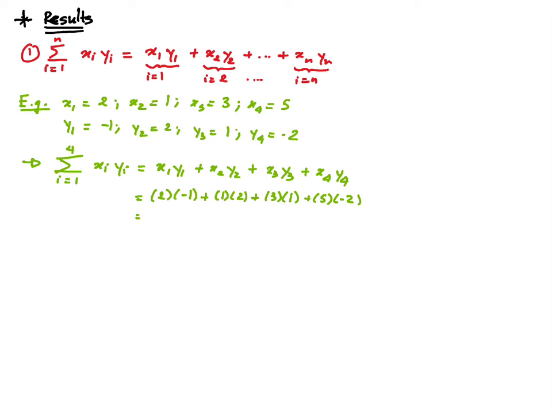So 2 times negative 1 gives you negative 2, 1 times 2 gives you 2, 3 times 1 gives you 3, and then 5 times negative 2 gives you negative 10. So if you do the math here, you get negative 7 as the answer.